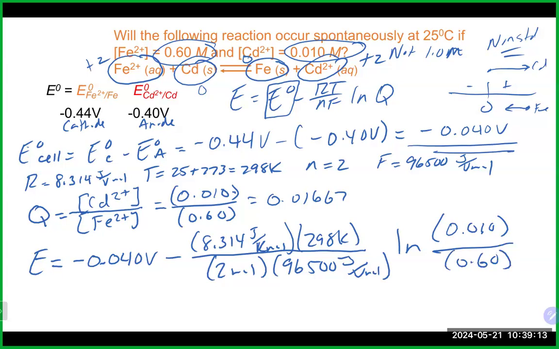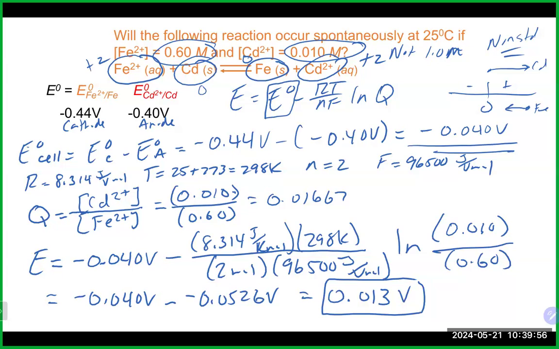If we clean up the right-hand side, this minus sign, we will end up with minus 0.04 volts minus a minus 0.0526 volts. Subtracting those together ends us with a voltage here of 0.013 volts.